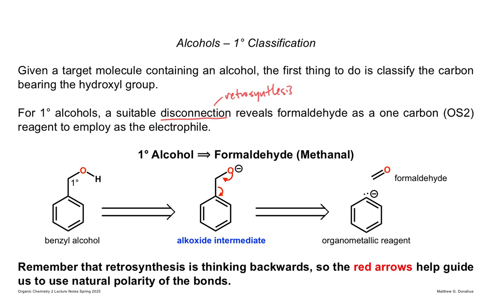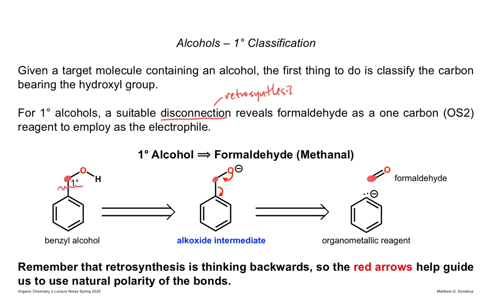We have a primary alcohol, benzyl alcohol. That's what we want to make. And what can we make it from? So that's the carbon bearing the alcohol, and I've traced it all the way back. So we essentially want to make that bond.